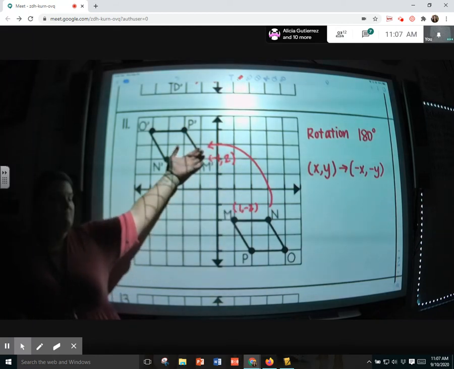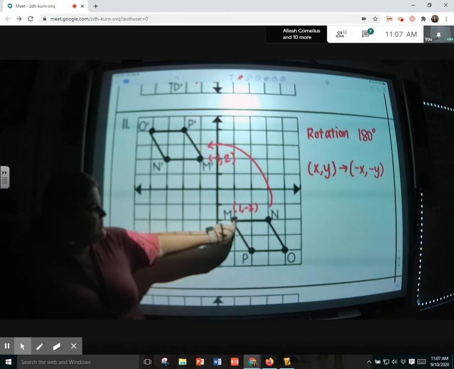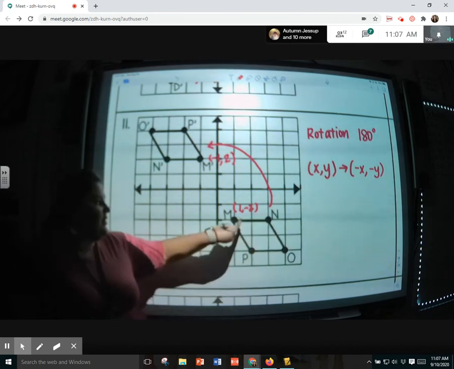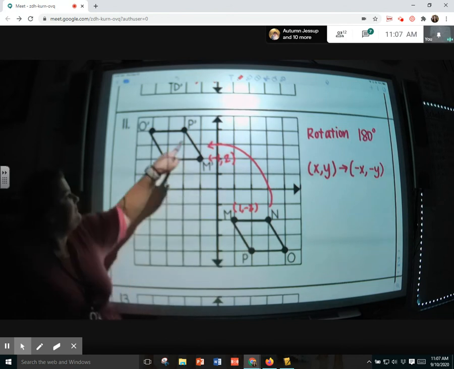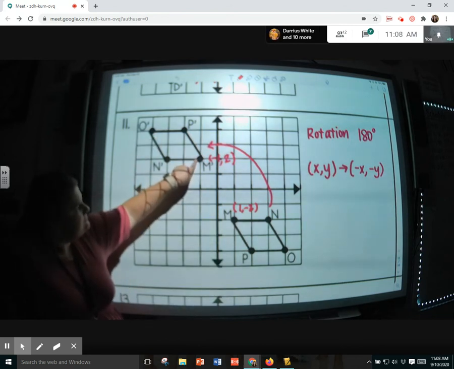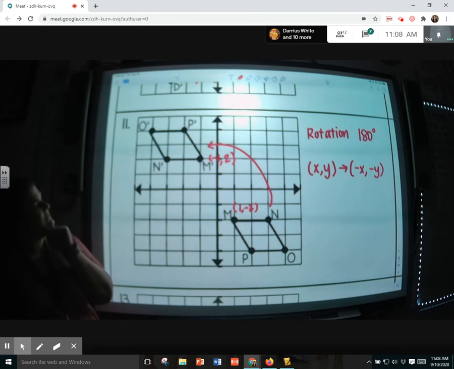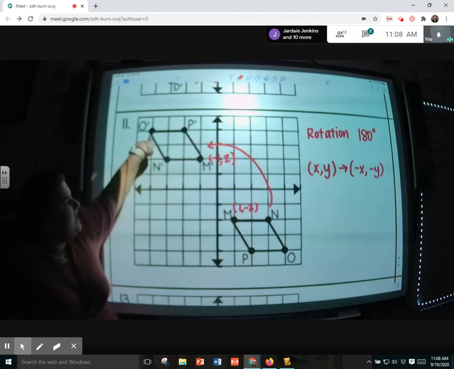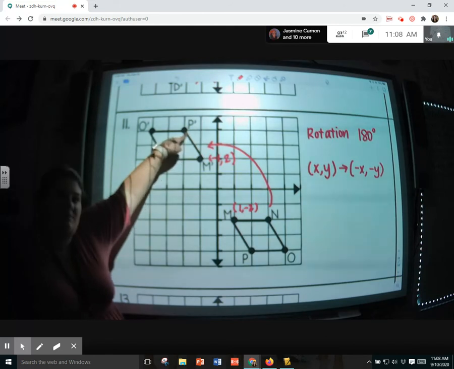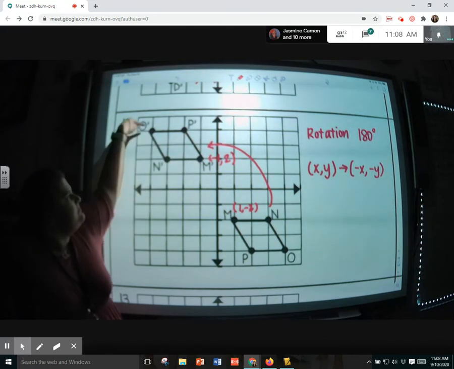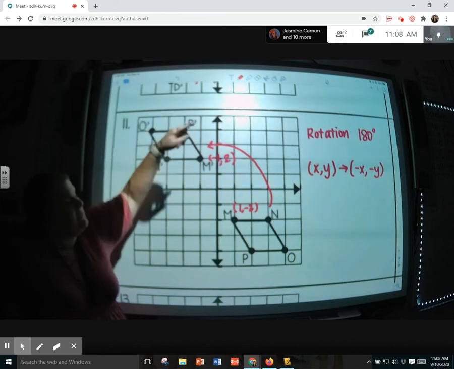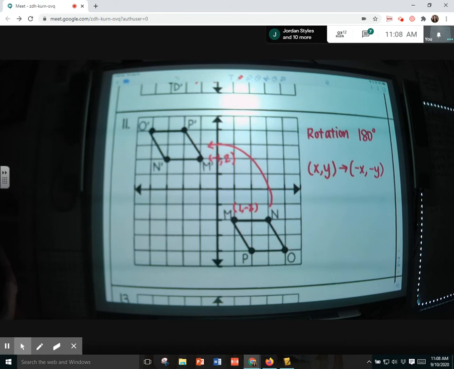But if I start at M and I go clockwise, it's M, N, O, P. With a reflection, it will be opposite: it would go M, P, O, N. The orientation of how you go around the shape and the letters changes with a reflection, and stays the same with a rotation. It'll be easier when we compare them.